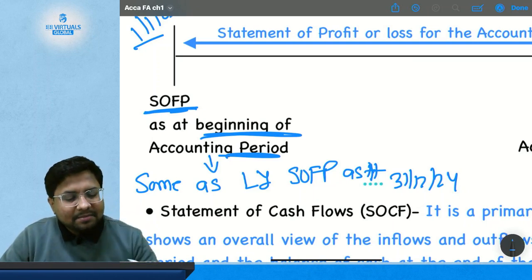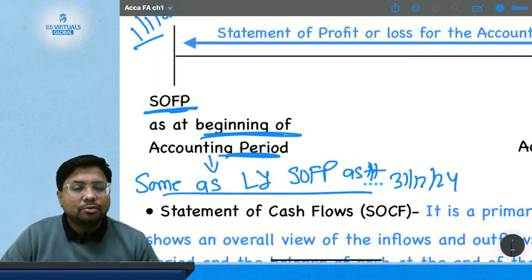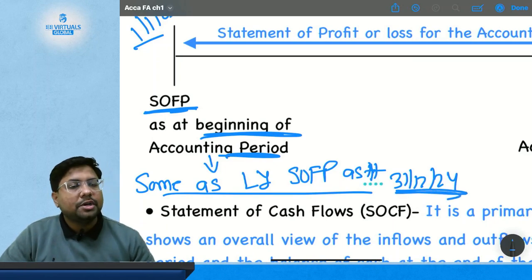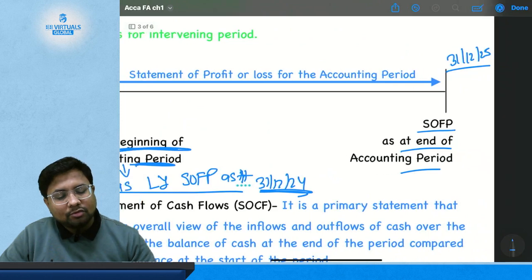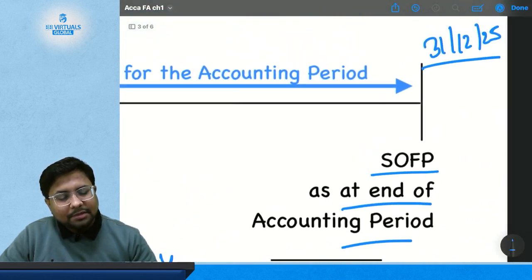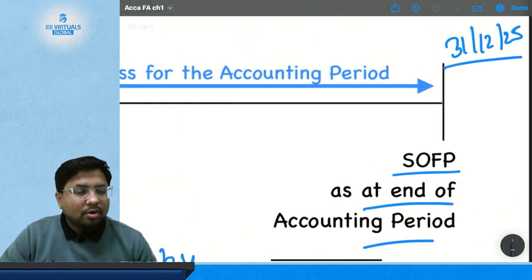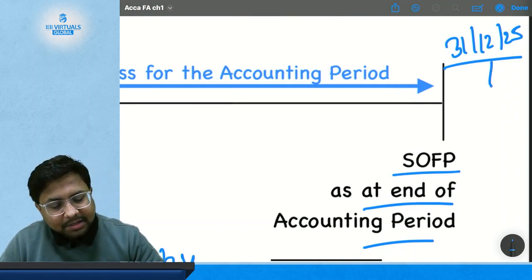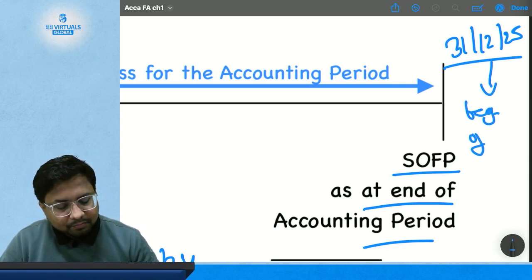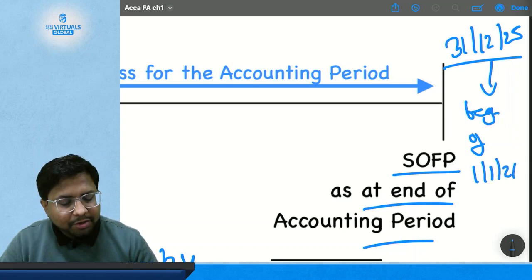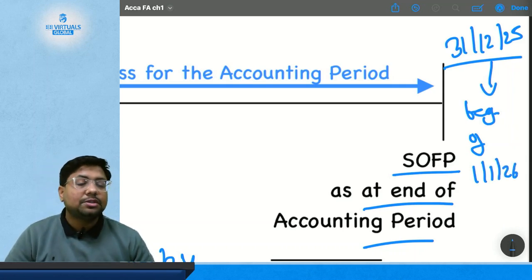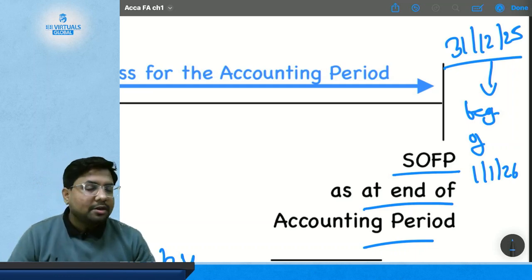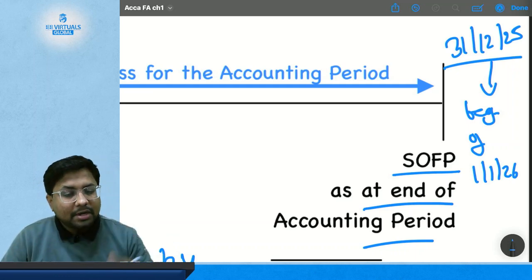That will be the same as my statement of financial position as on 31st of December 2024, and the same goes for this. Whatever statement of financial position I hold on 31st of December 2025 will be the same for the beginning of 1st of January 2026. I am talking about the beginning, not the end of that particular day.